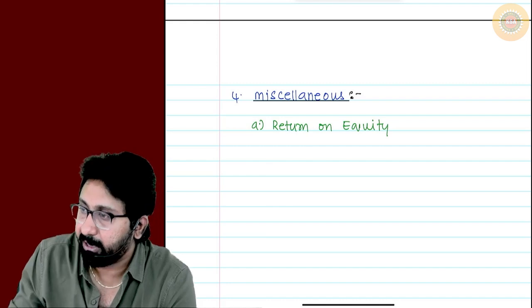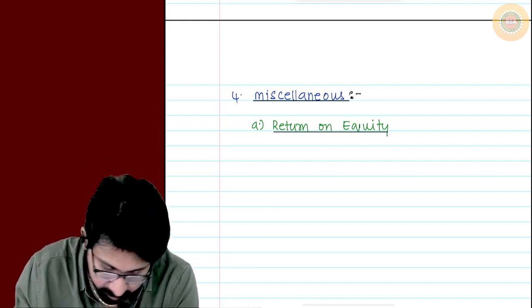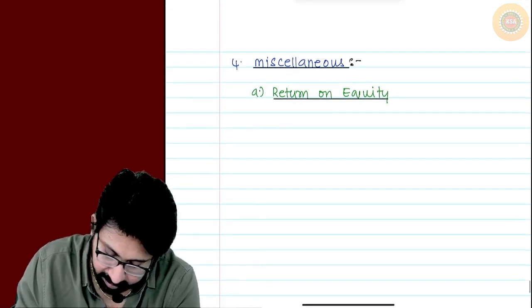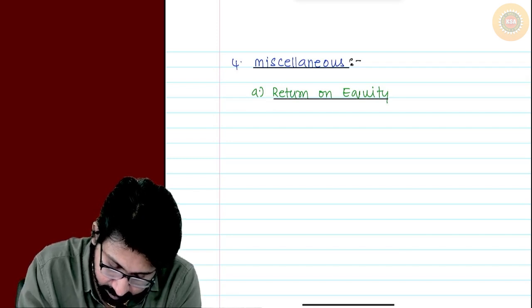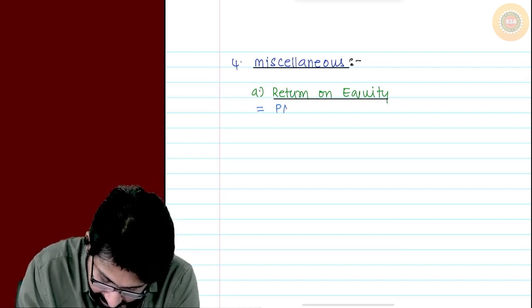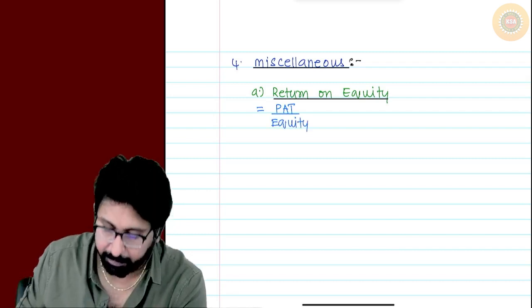Return on equity. First tell the formula. PAT by equity.